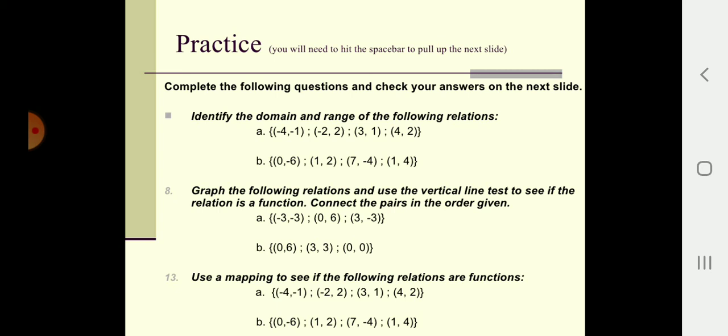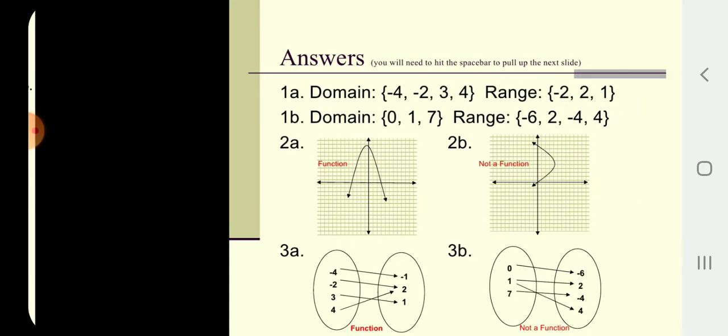B: 0, 6; 3, 3; and 0, 0. Number 3: use a mapping to see if the following relation is a function. A: negative 4, negative 1, negative 2, 2, and 3, 1, 4, 2. B: 0, negative 6, and 1, 2, 7, negative 4, 1, and 4, negative 4.